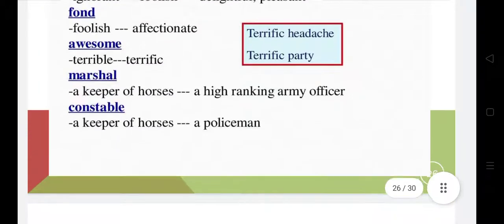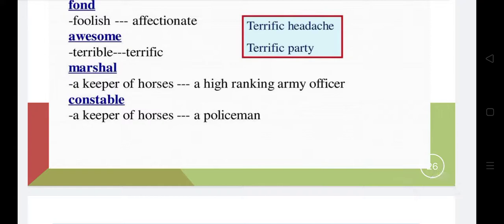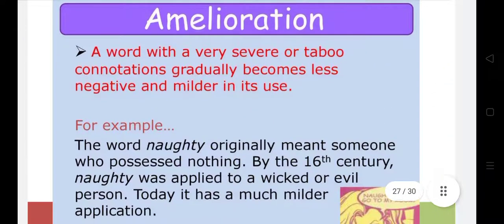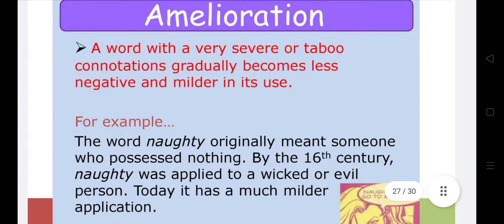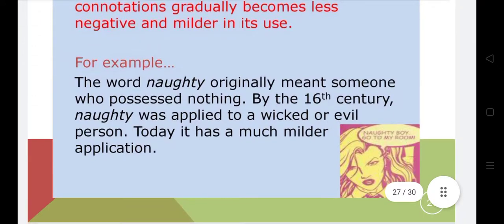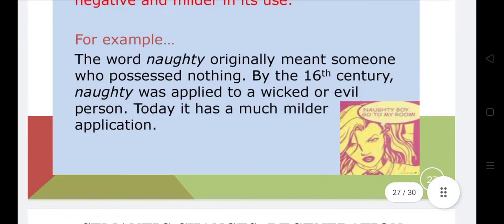And constable was once used for a keeper of horses, but now it refers to a policeman. Amelioration further means a word with a very severe or taboo connotation gradually becomes less negative and its meaning becomes positive. Let me give you another example.